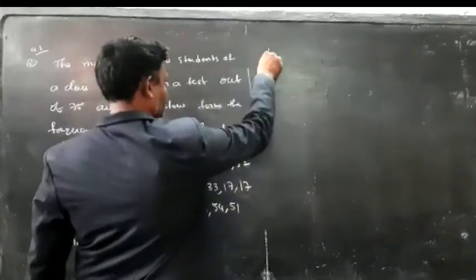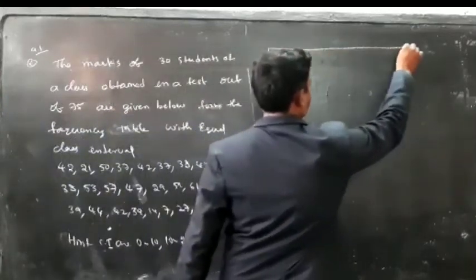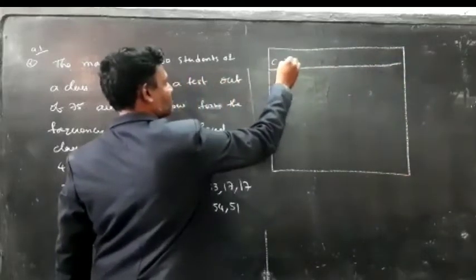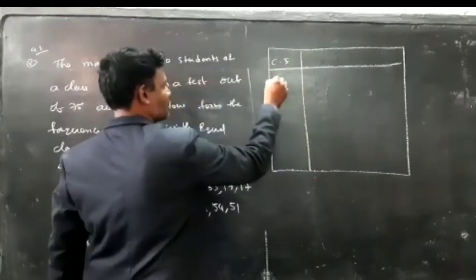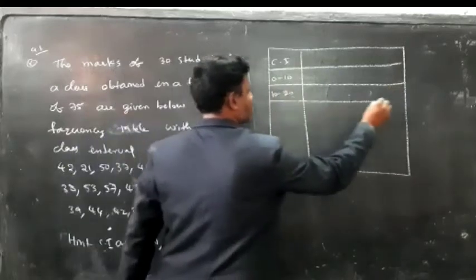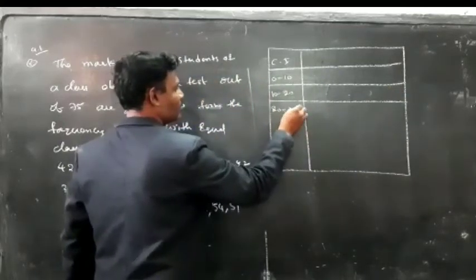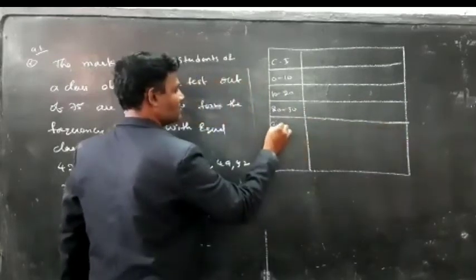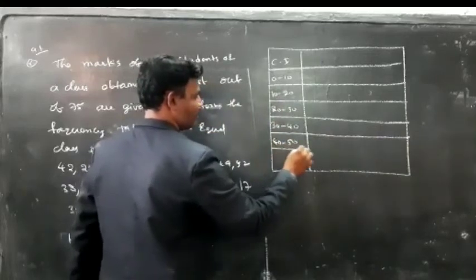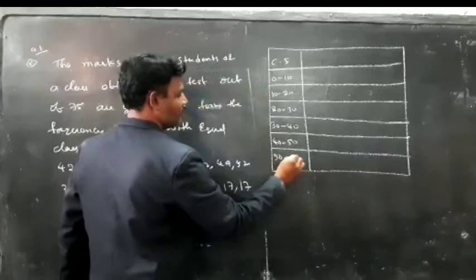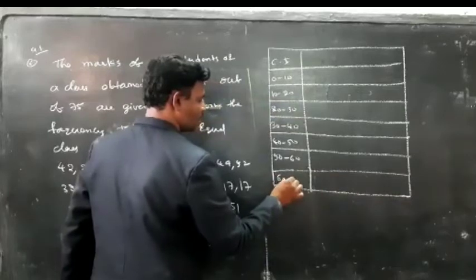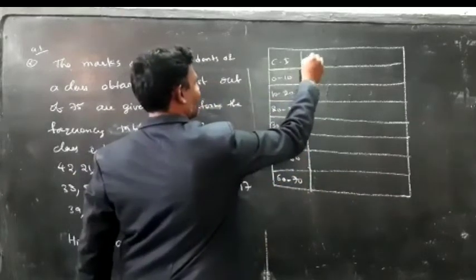First of all, class intervals: 0 to 10, next 10 to 20, 20 to 30, 30 to 40, 40 to 50, 50 to 60, next 60 to 70. Then tally marks.